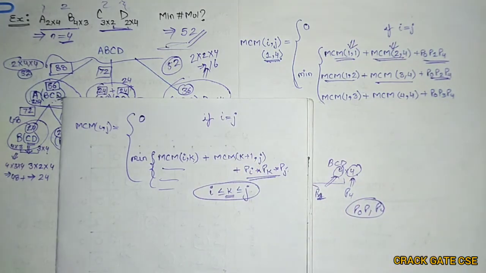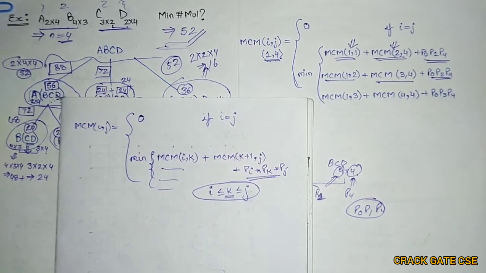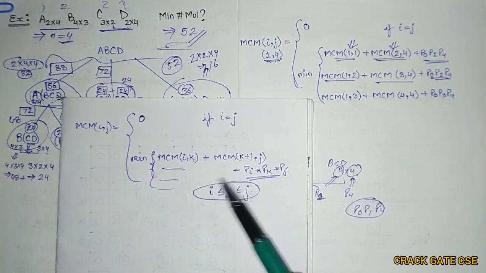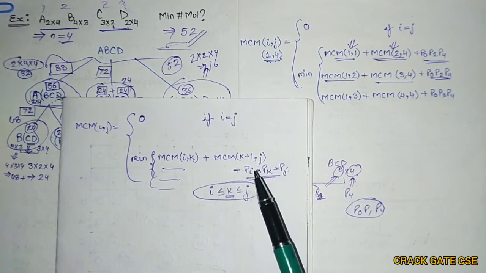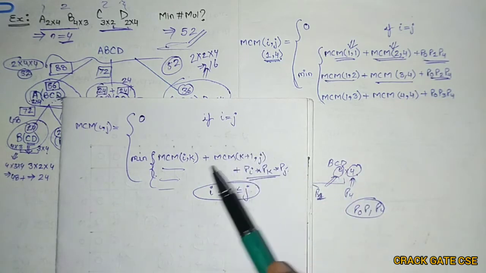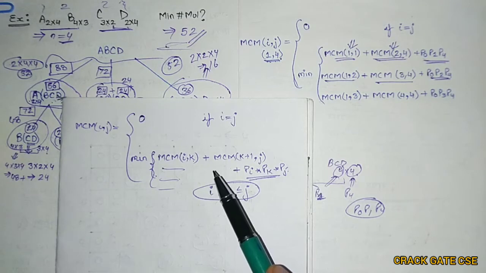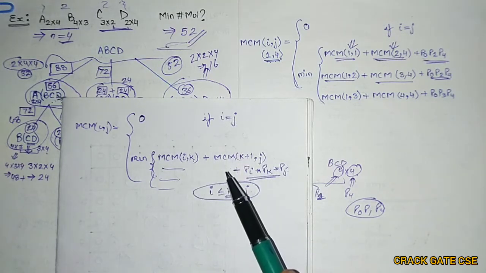Now let's try to find out the time complexity. I am not showing you the complete algorithm here because I think you can easily manage by this particular recurrence relation. In case you are having any problem understanding the code, you can easily find it on Google. Just type on Google the code for matrix chain multiplication, and you can run it by taking some values.